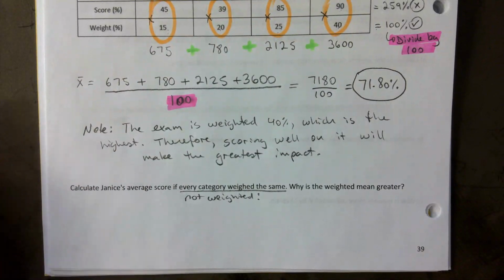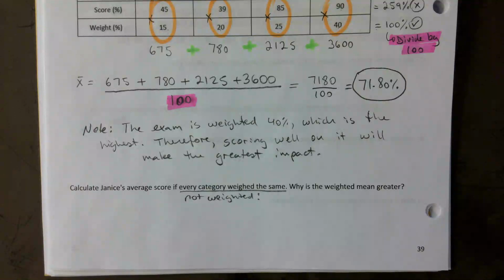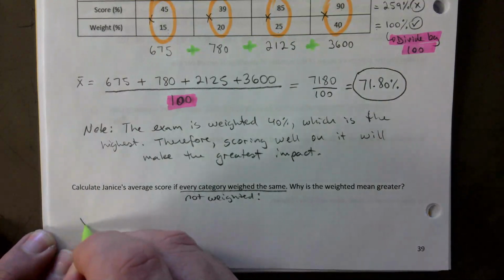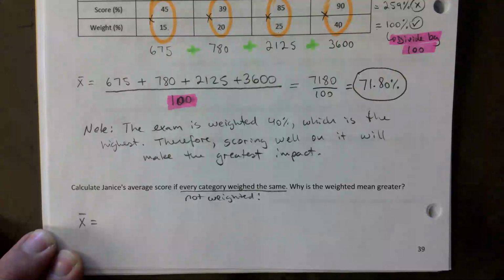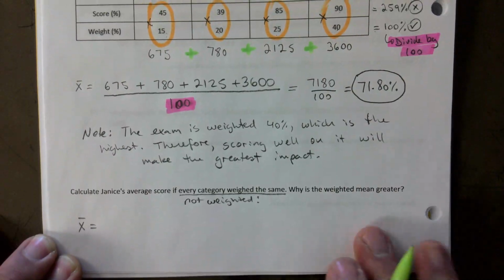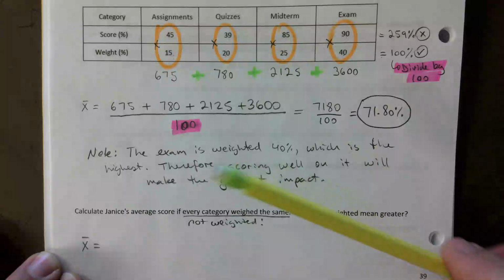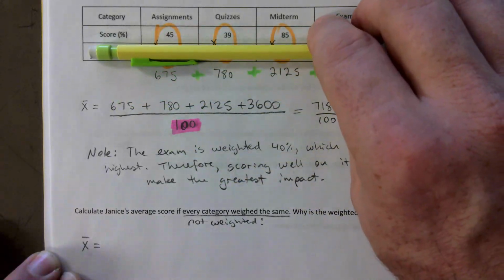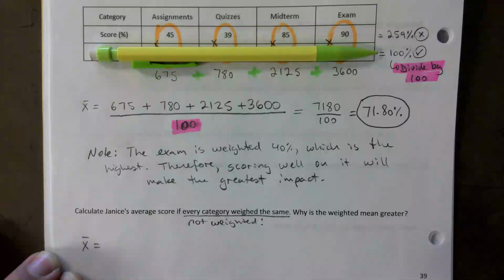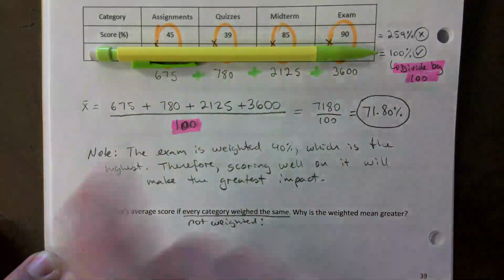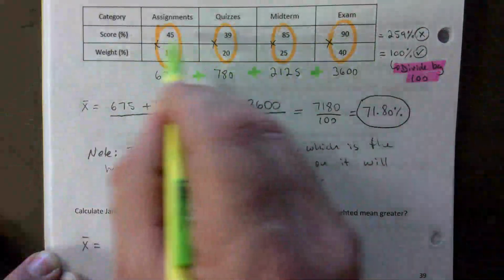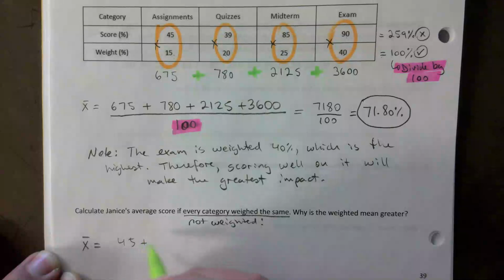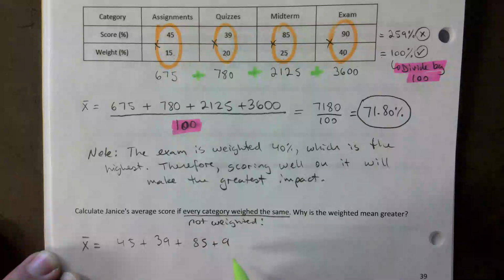Why is the weighted mean greater? I think we've alluded to that already. If you just wanted to find the average and you basically look up here real quick, you're basically getting rid of the weights, right? Every category is the same. Assignment is the same as the exam. So we're just going to consider this row, 45 plus 39 plus 85 plus 90.